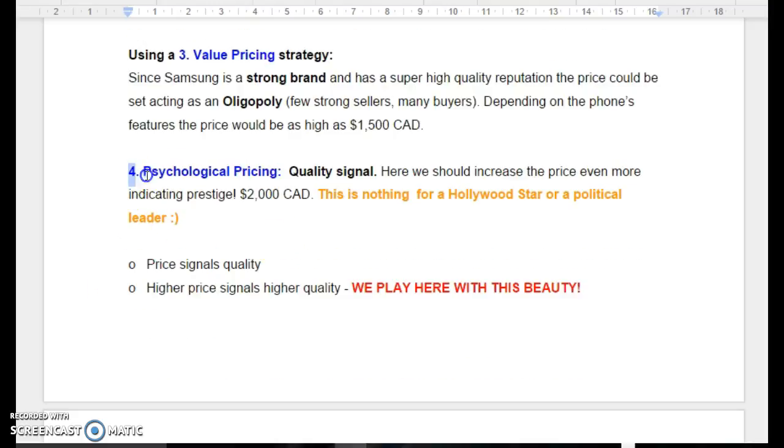We can use psychological pricing, which is a quality signal. Here we should increase the price even more, indicating prestige. For example, $2,000. This is nothing for a Hollywood star or a political leader.